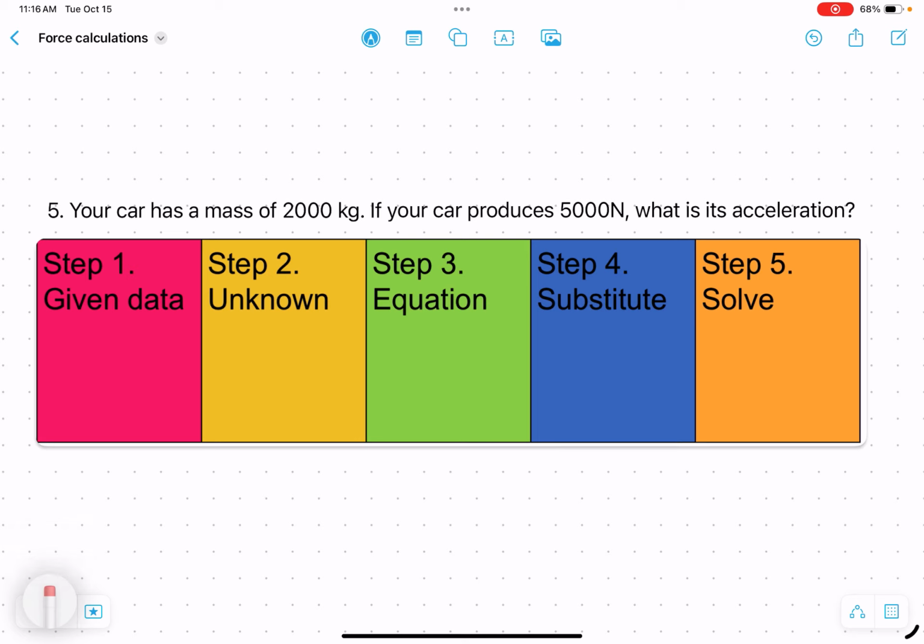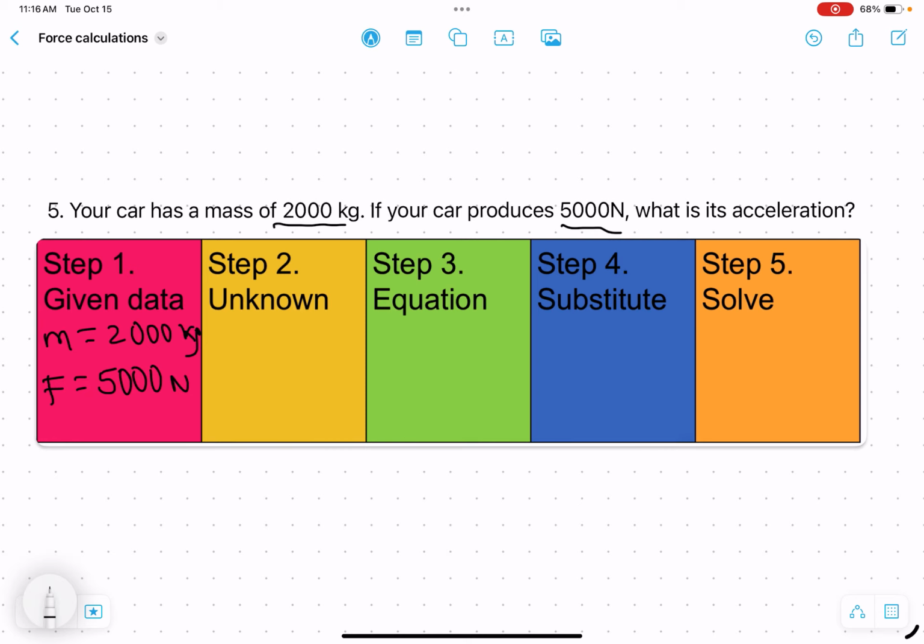Your car has a mass of 2,000 kilograms. If your car produces 5,000 newtons, what is the acceleration? Pretty similar. So again, what do you know? You know these two numbers. So mass, which is M, equals 2,000 kg. And you know the force, which is 5,000 newtons.